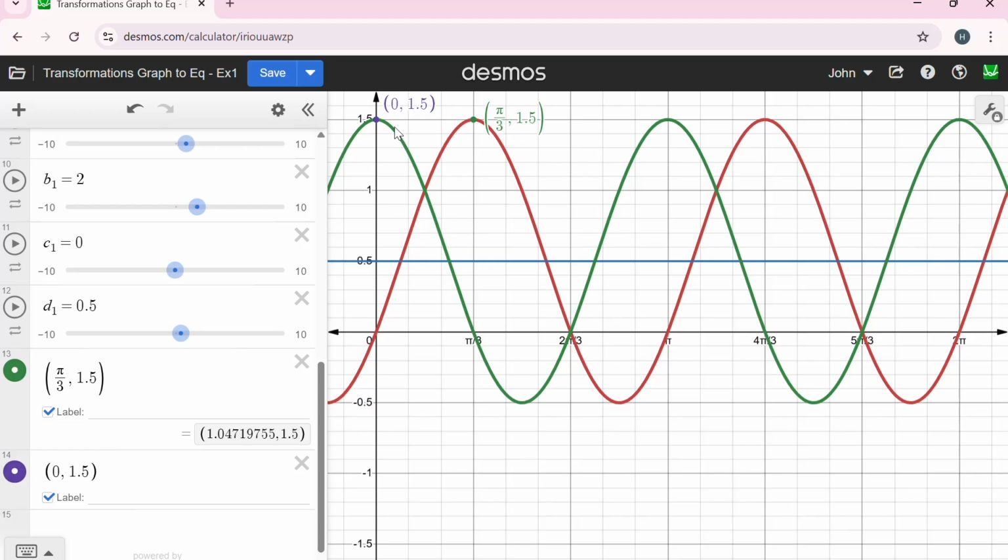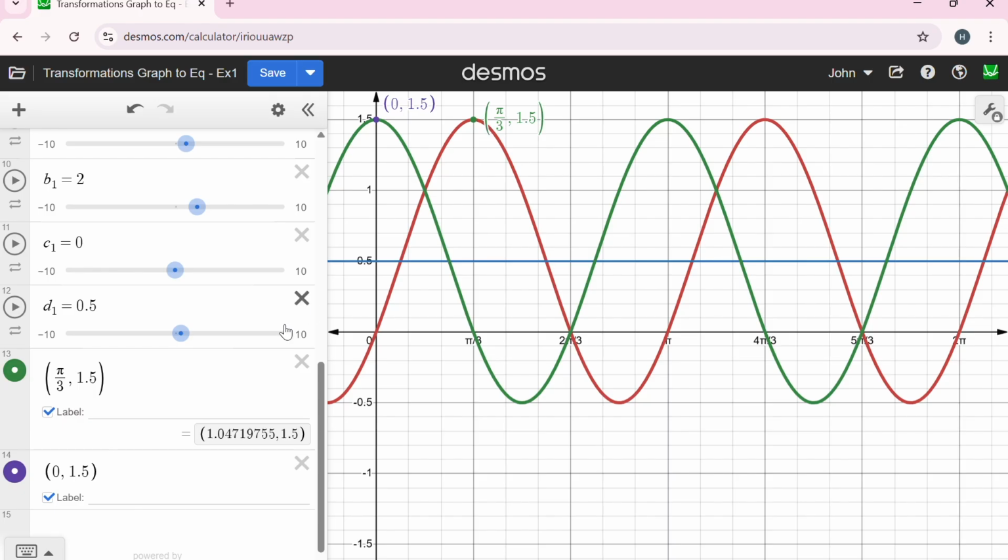The green graph is the cosine version of this red graph, but it's pi over 3 units to the left. So to go from 0, 1.5 to pi over 3, 1.5, that is obviously a phase shift of pi over 3 units to the right.